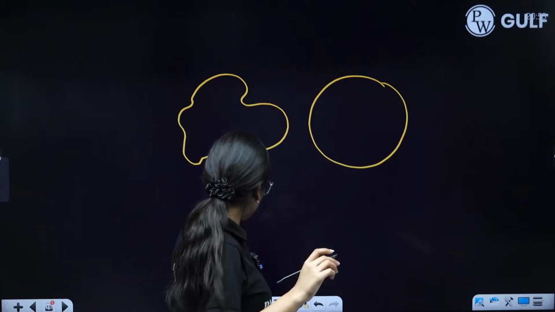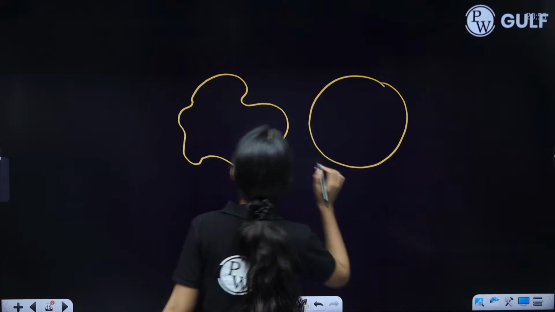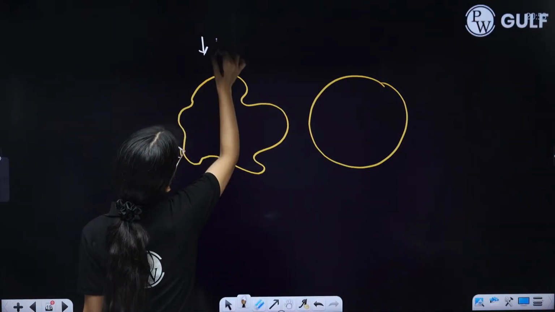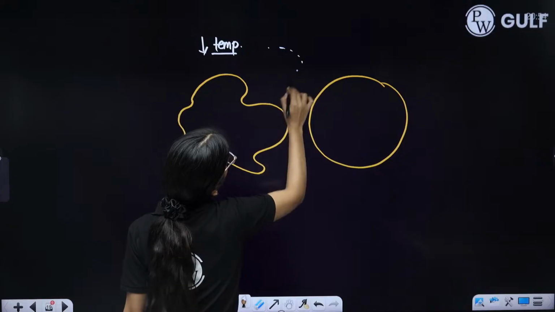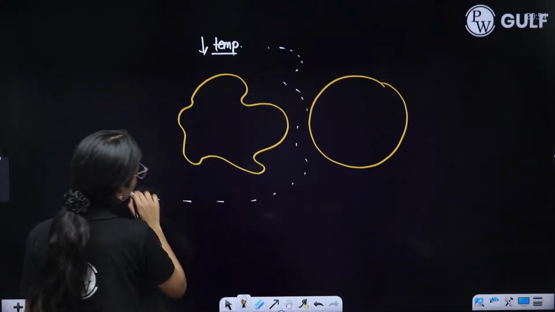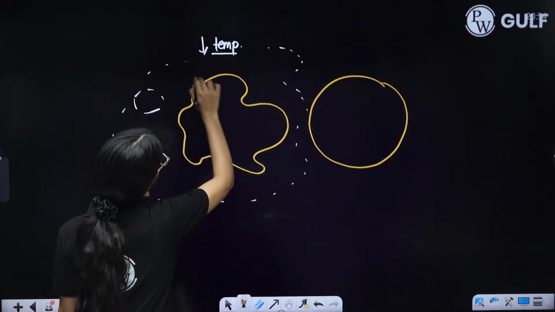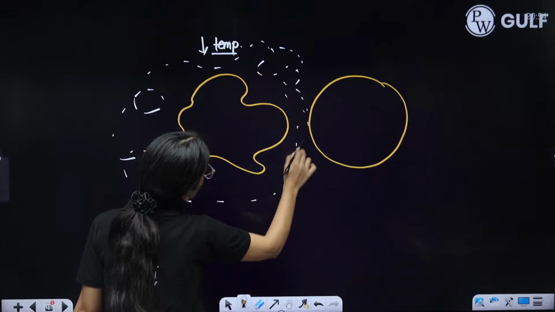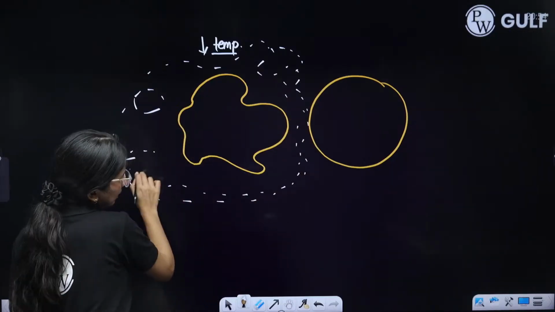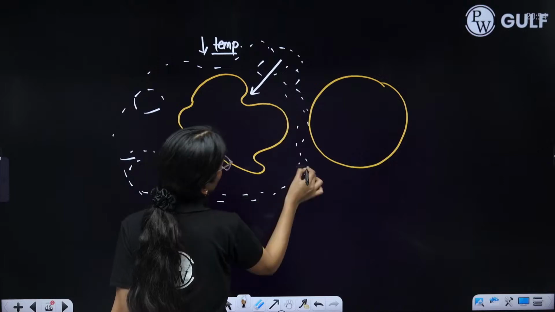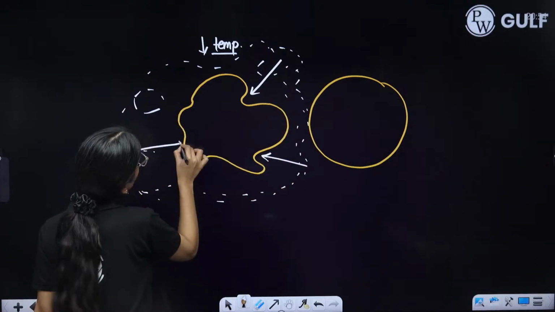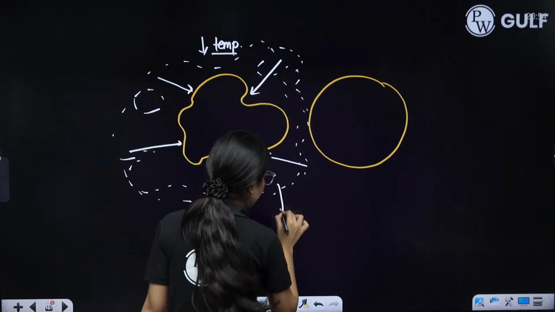So what is happening over here? As the temperature comes down, all the water vapors that are present in the environment, a lot of water vapors, will start falling on Earth as rain.